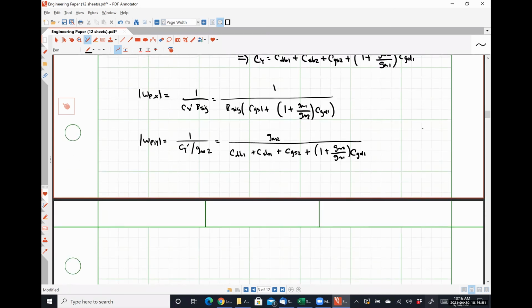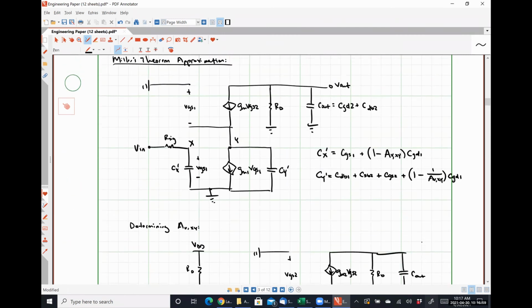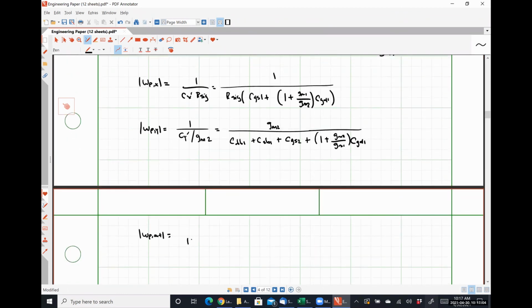Lastly, we have our pole that will be associated with our output node, omega P out, and C out obviously just sees RD. So we have 1 over C out times RD, which is 1 over CGD2 plus CDB2 times RD.